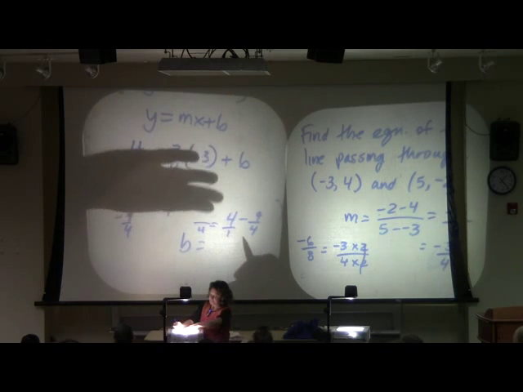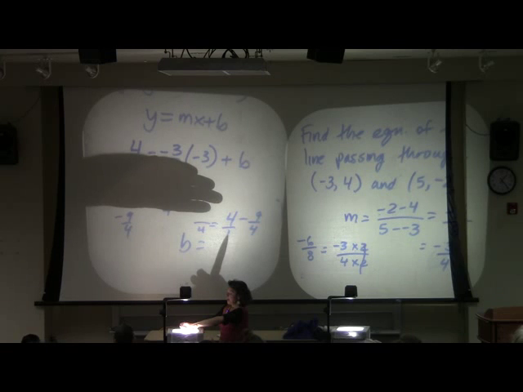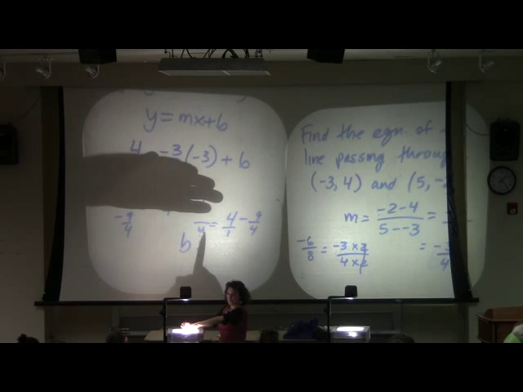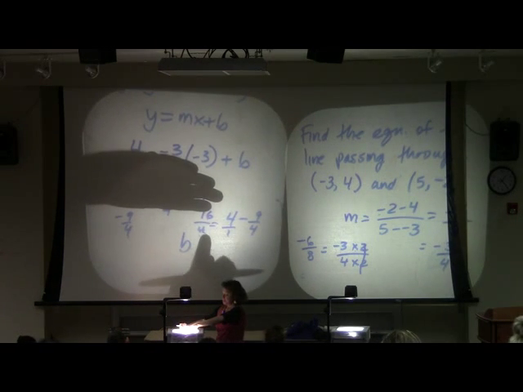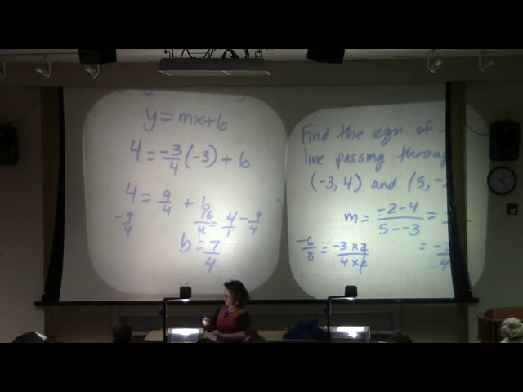If you want to rewrite 4 with a denominator of 4, well, how do you get from 1 to 4? You multiply by 4. Fractions are like children. Whatever you do to one, you got to do to the other. So if I'm going to multiply my denominator by 4, fair is fair. I got to multiply my numerator by 4. So I'm looking at 16/4 minus 9/4, aka 7/4.